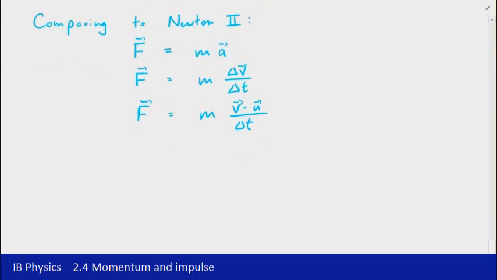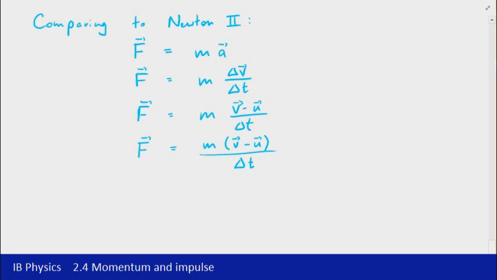Hopefully you can see that if we multiply the mass into the numerator, we get m outside of v minus u over delta t.